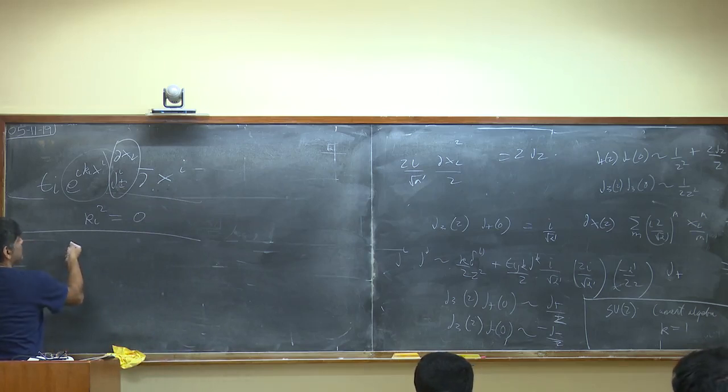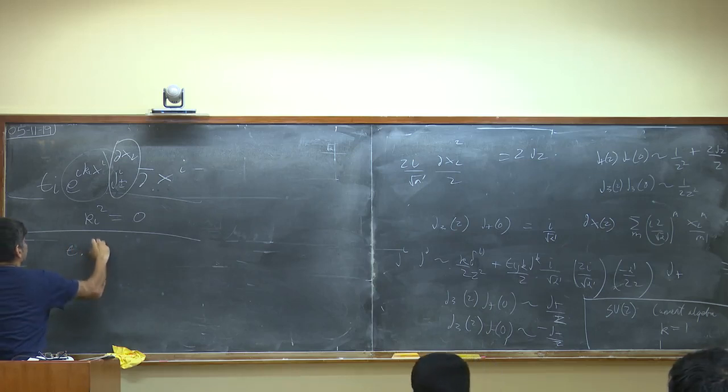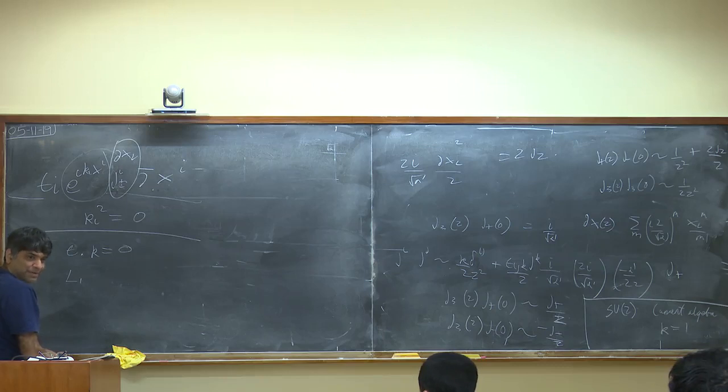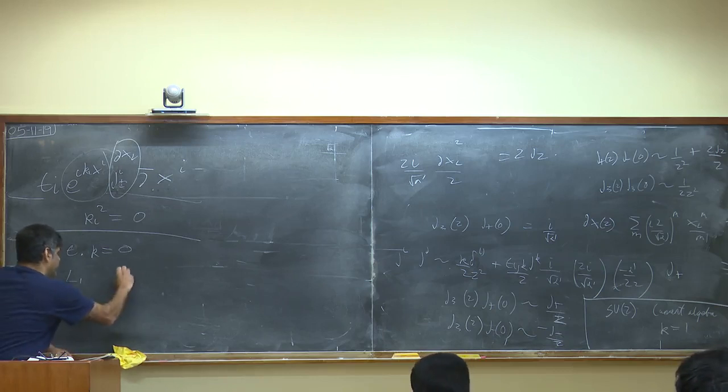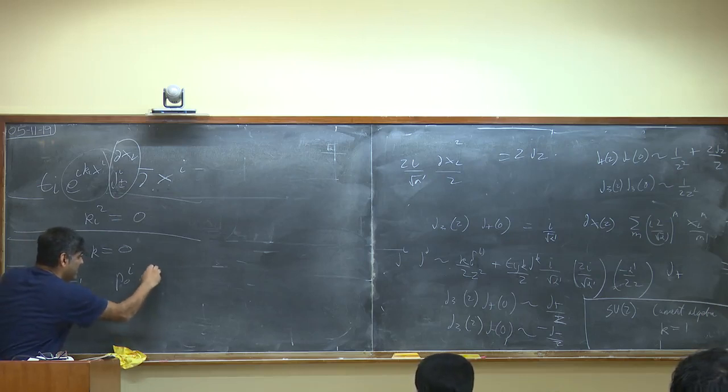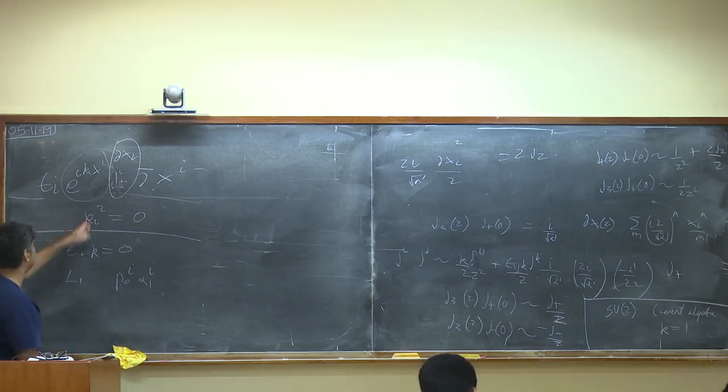The physical state condition tells us that epsilon dot k is equal to 0. This came from the condition that L1 annihilated the operator. Let's remember why that is, because L1 had a piece which was P_0^i times alpha_1^i.